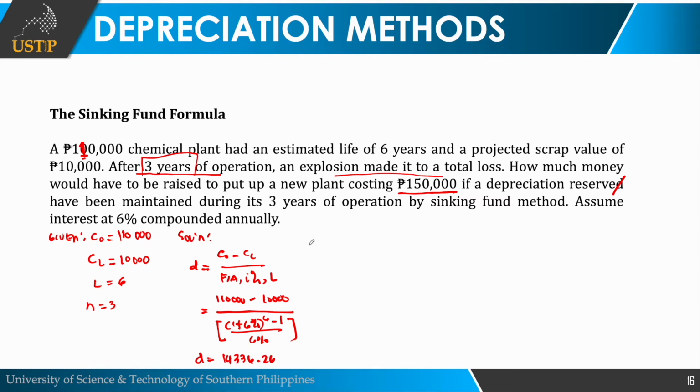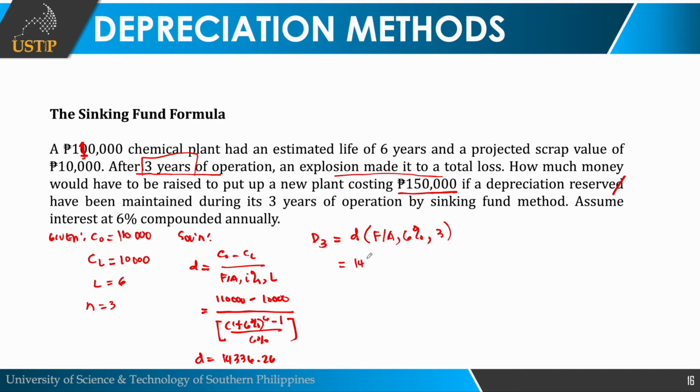And then after that, class, we can now solve for our D sub 3, the total depreciation up to 3 years. So remember, that's D times F given A at 6%, for 3 years, since our N is 3.